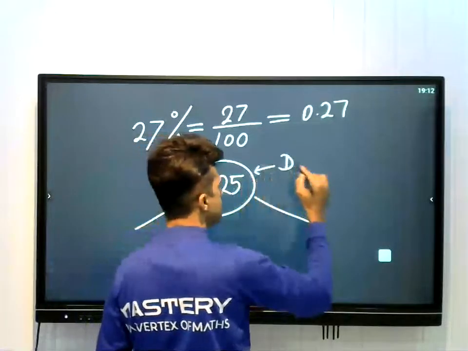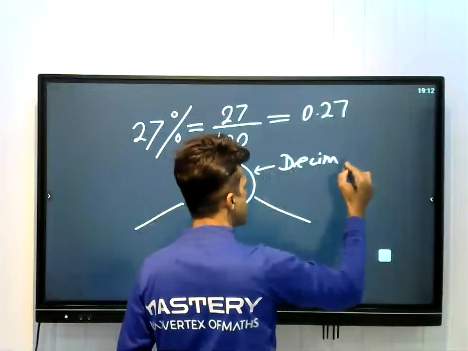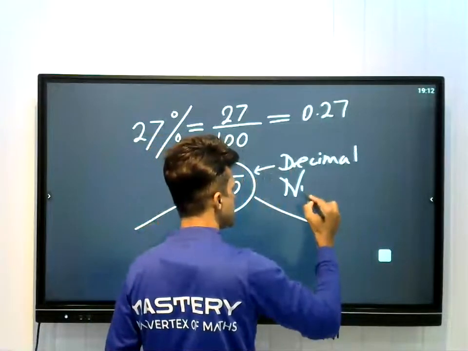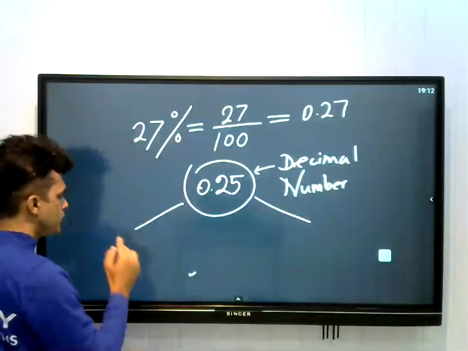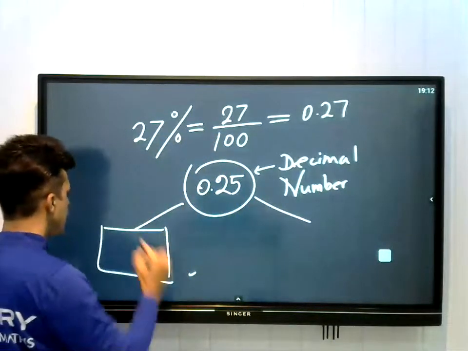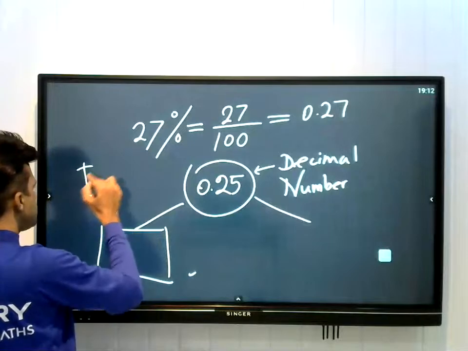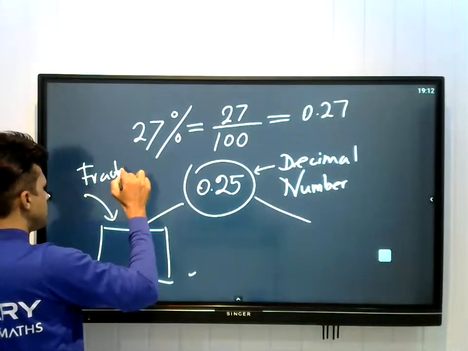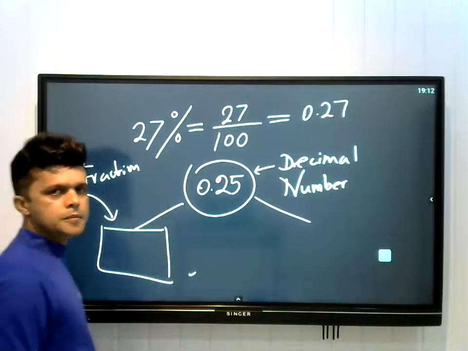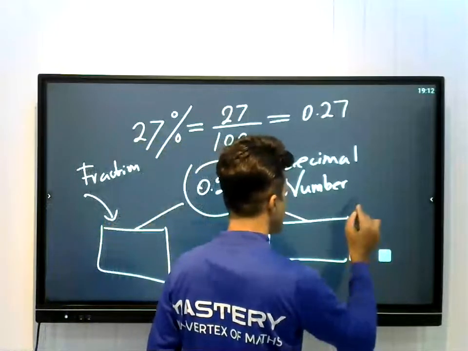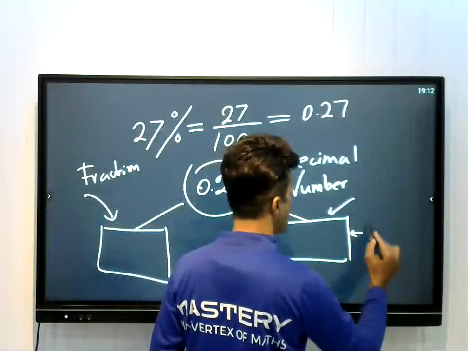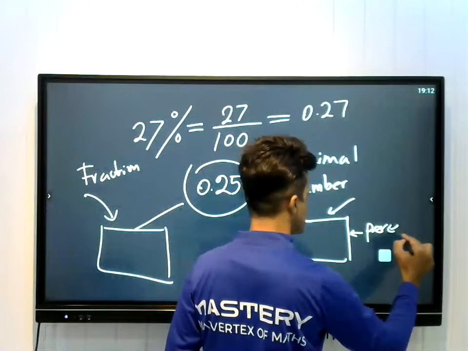Decimal number here, the related fraction, and the percentage also can be written here.